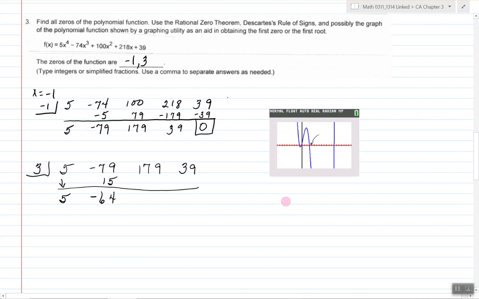Times 3, well, I gotta see, 64 times 3, 12, 192. And it is negative 192. So I subtract, and I'm going to get, I believe, negative 13. I'm doing some of this arithmetic in my head, so it's a little scary. Negative 13 times 3 is negative 39. Yes, another 0.